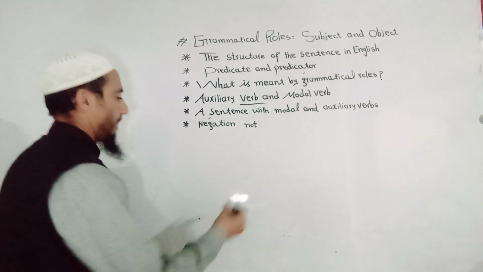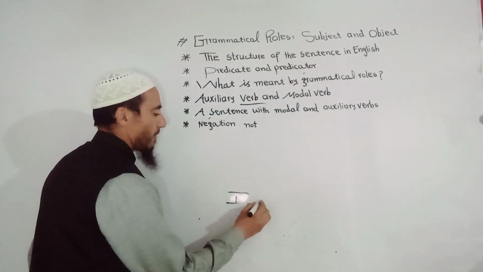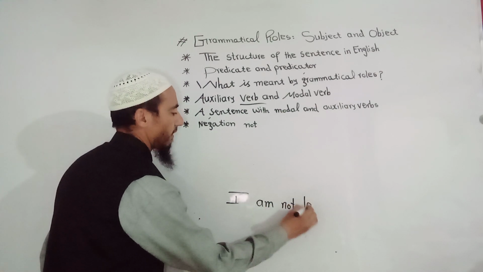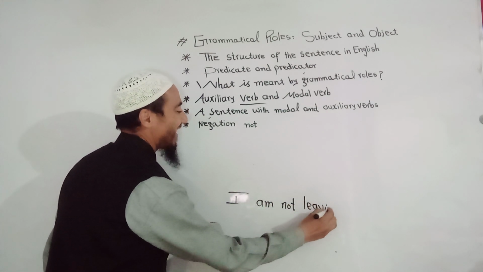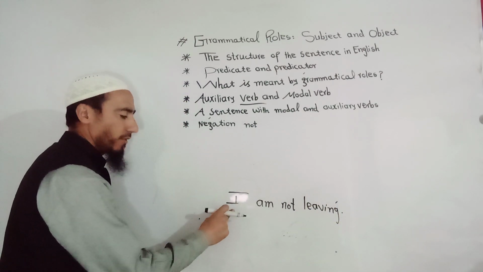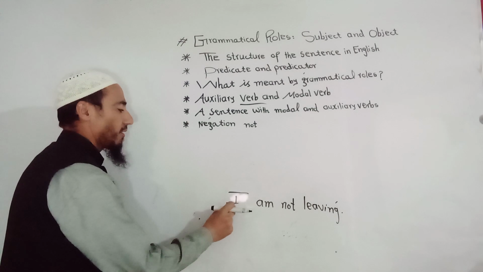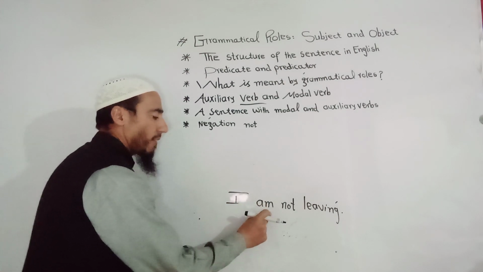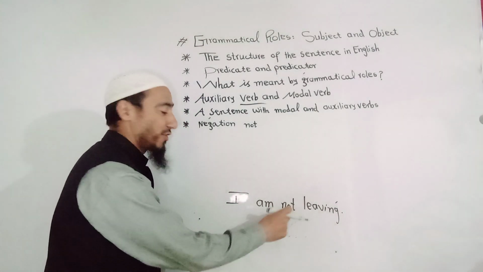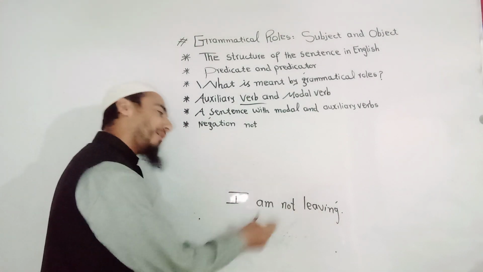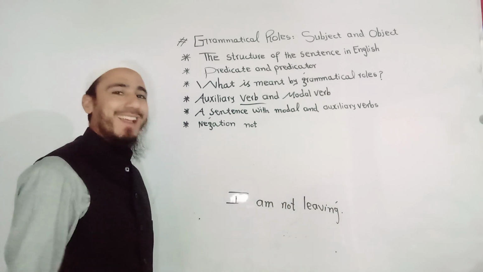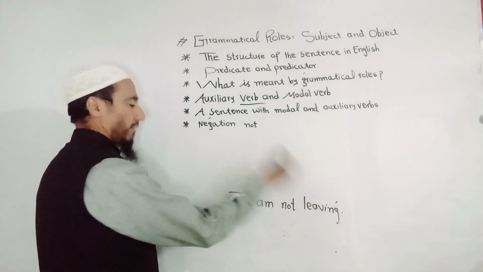For example, "I am not living." Here you see we have NP, an auxiliary verb, and then negation, that is not, coming after the auxiliary verb, and then the main verb, which is living. So let me draw the structure.